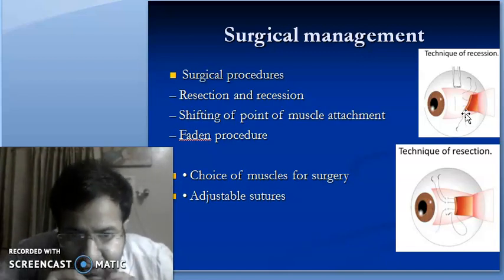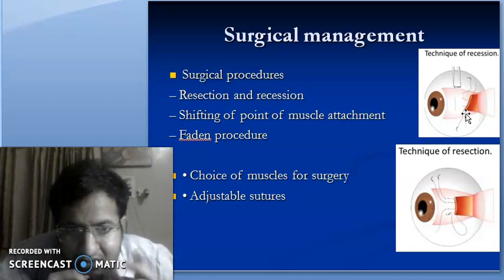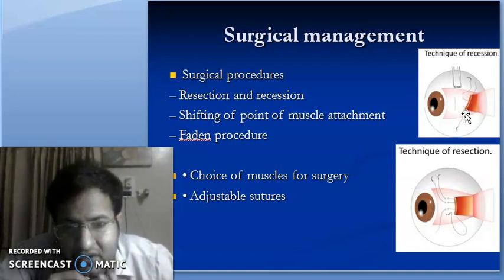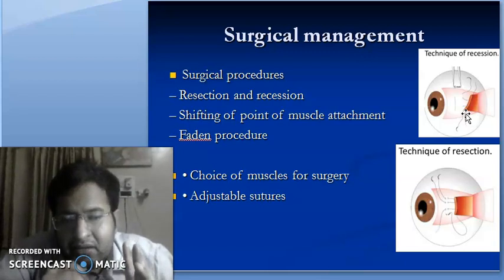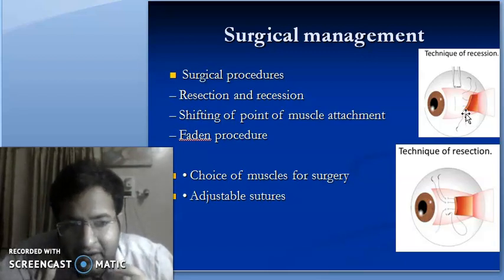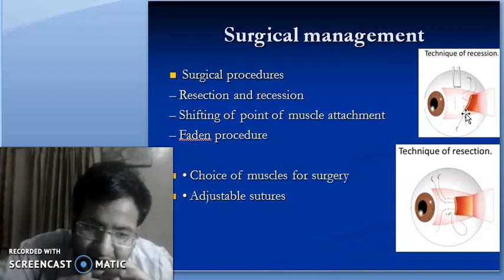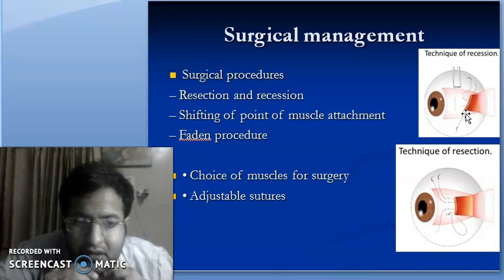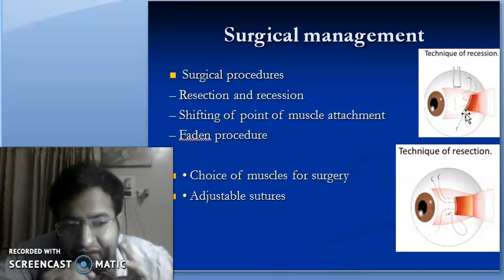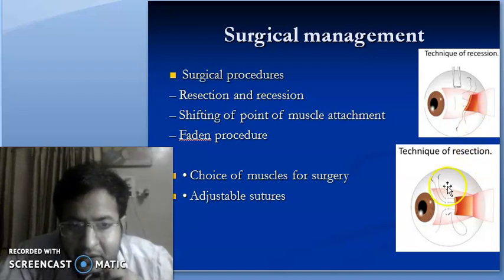In recession, we have to shift the point of muscle attachment. In resection, we have to cut the tendon and shift the muscle tendon to the same insertion point. What is a faden procedure? It is a recession type of procedure, but in this we don't cut the muscle and we don't change the insertion site.